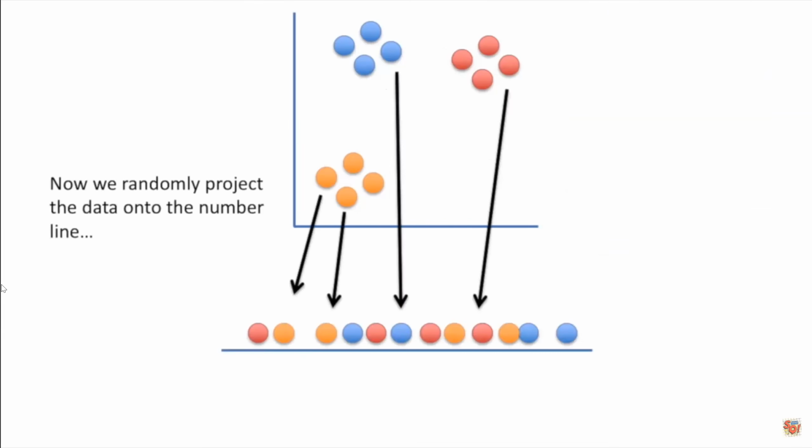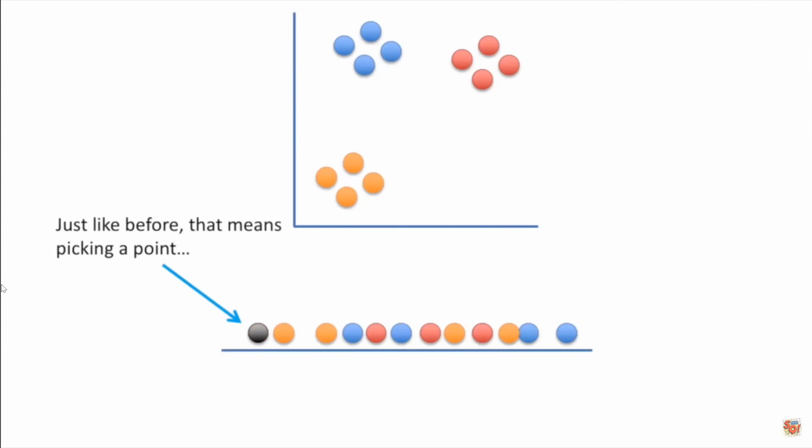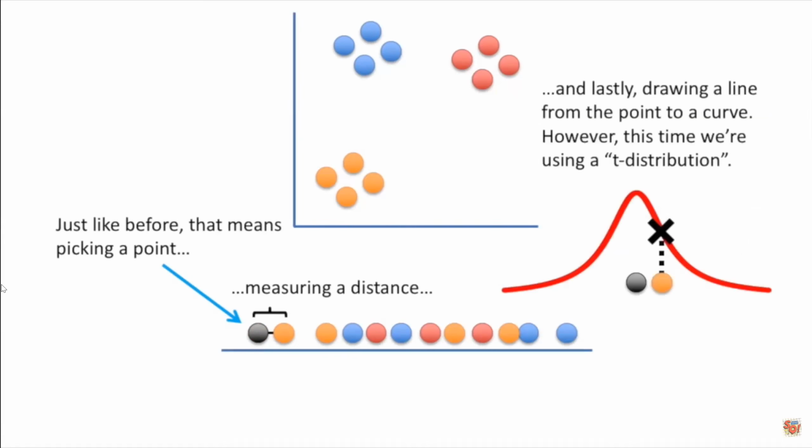Now we randomly project the data onto the number line and calculate similarity scores for the points on the number line. Just like before, that means picking a point, measuring a distance, and lastly, drawing a line from the point to a curve. However, this time we're using a t-distribution.